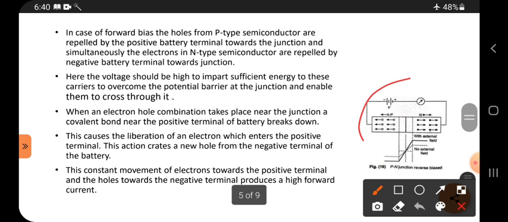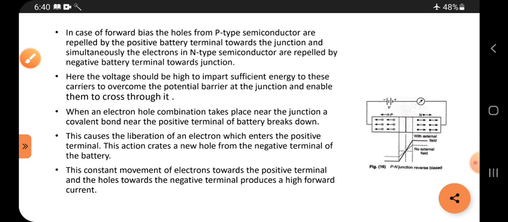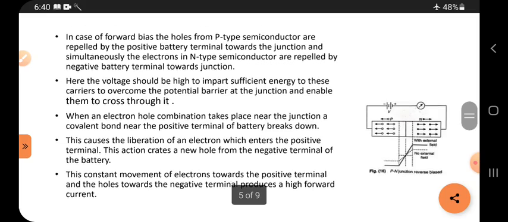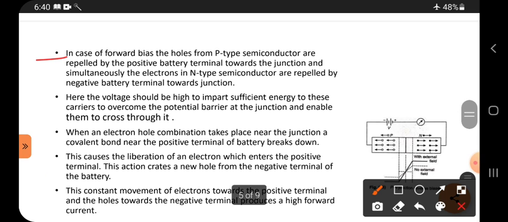So this diagram is for reverse bias only. In case of forward bias, holes from P-type semiconductors are repelled by the positive battery terminal towards the junction, and simultaneously, electrons from the N-type are repelled toward the junction.